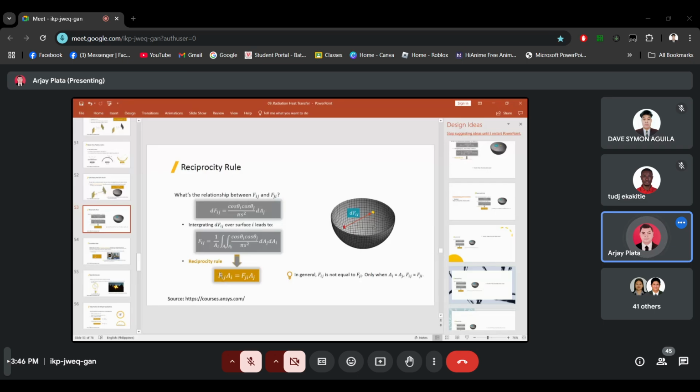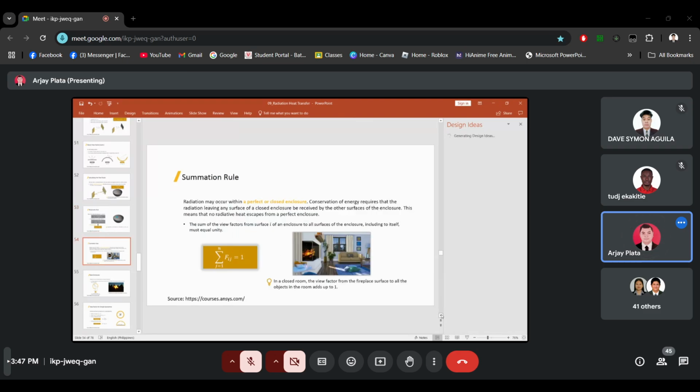This means that when radiation is transferred from surface i, it is equivalent to the radiation transferred by surface j, which is Fji. So there's a reciprocal.